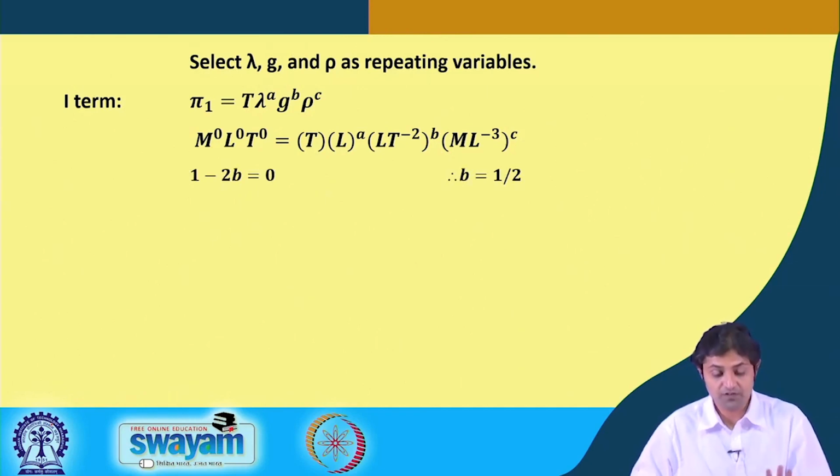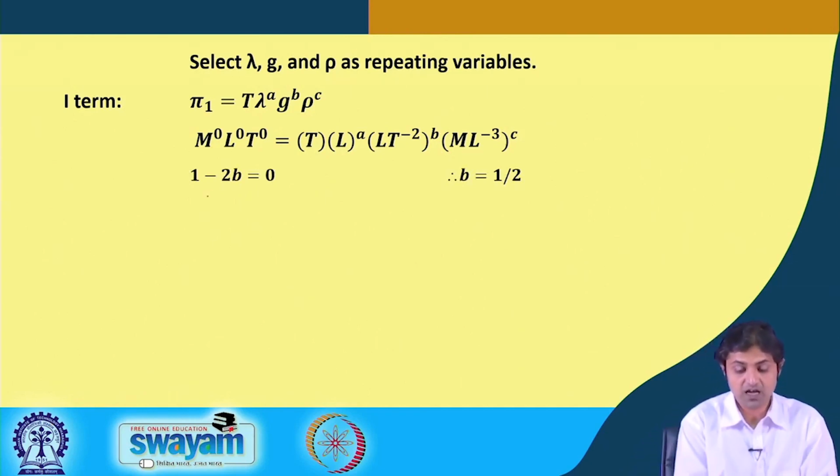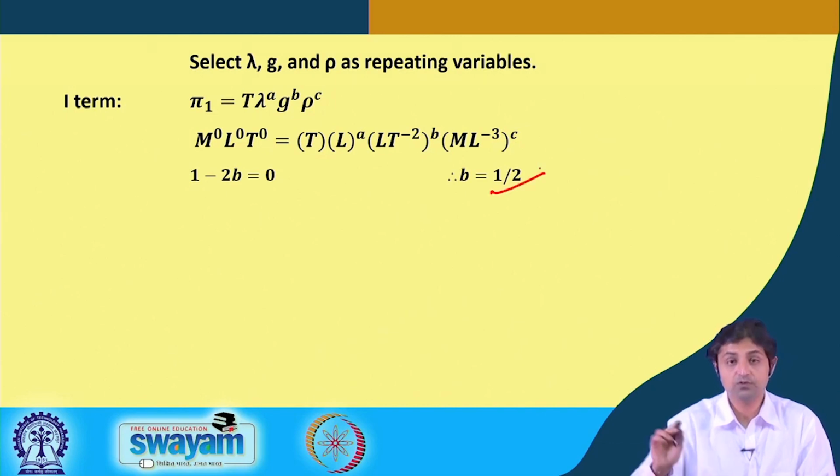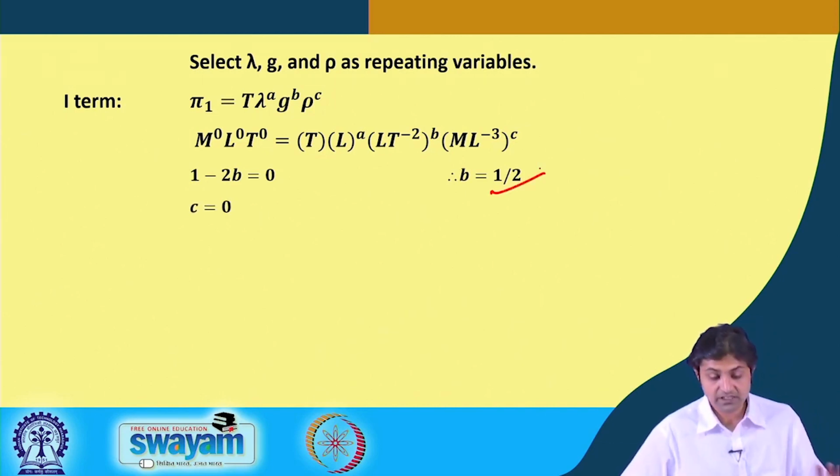So, if we solve this, we get 1 minus 2b. Why? We have equated the coefficient of t, 1 minus 2b is equal to 0, this gives b is equal to half. Secondly, C is equal to 0 is what we get.